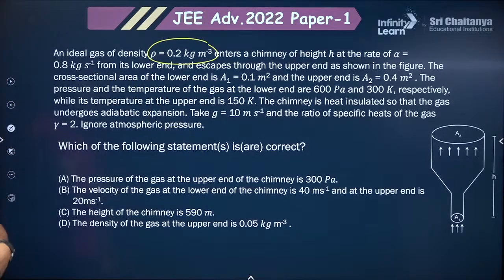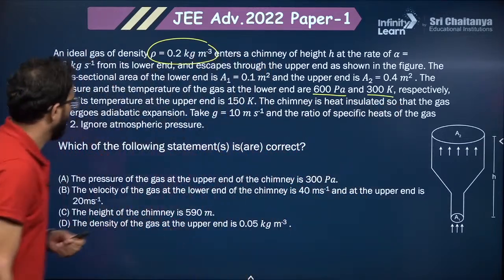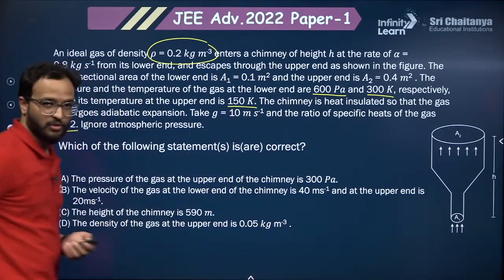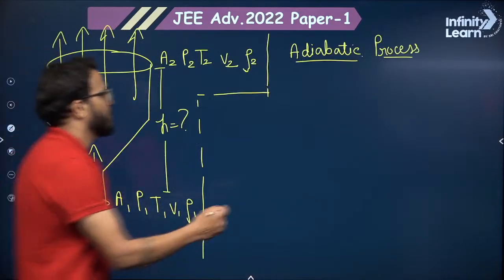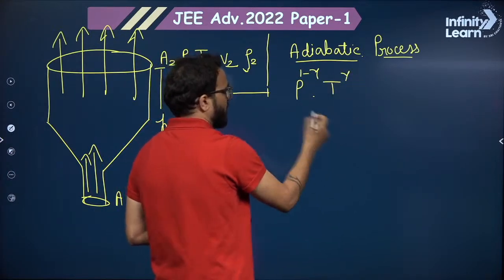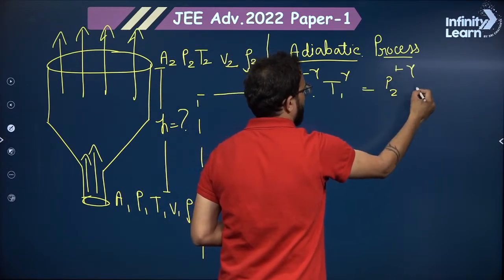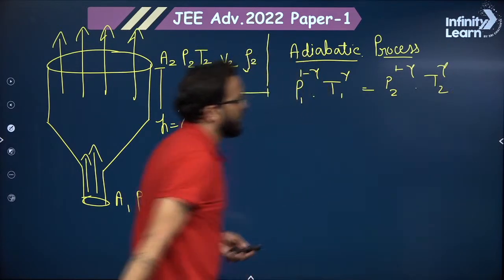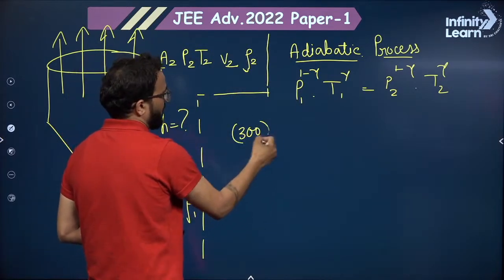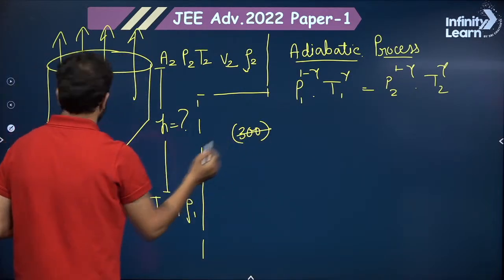P1 is given, T1 is given, gamma they have given and T2 they have given. So P2 is not given, right? So there is a relationship: P to the power 1 minus gamma times T to the power gamma is constant. So can we use it like this here? P to the power 1 minus gamma times T to the power gamma. Okay, cool. So P1 is how much? 300 or 600?